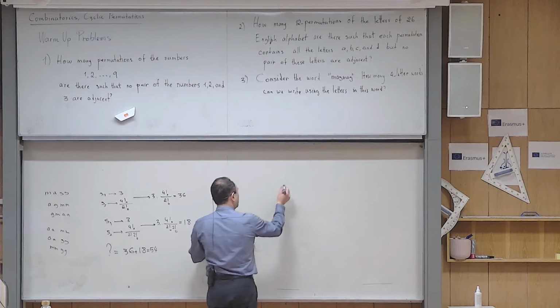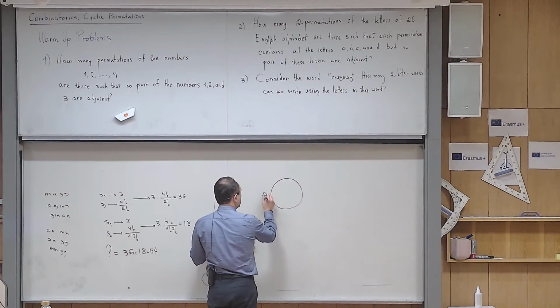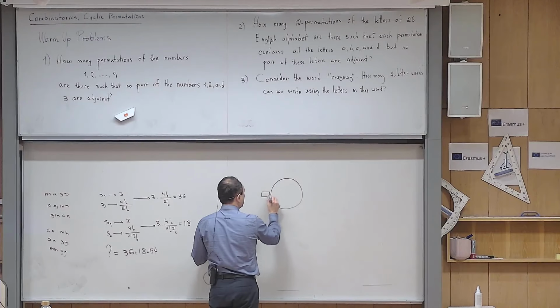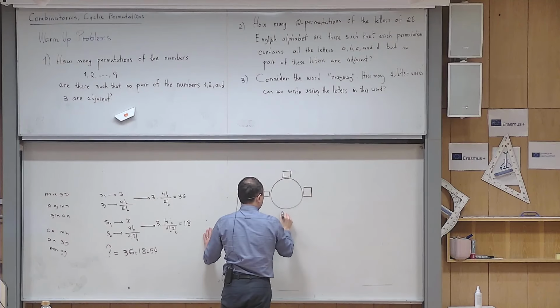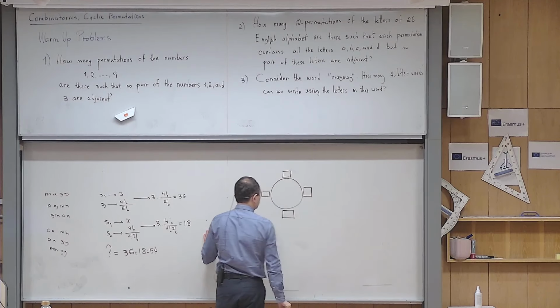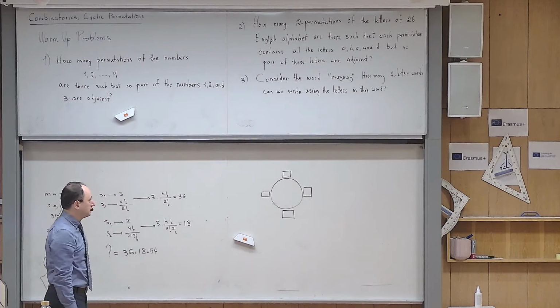So let us say that I have a round table with 4 chairs. You are looking at the round table from above.